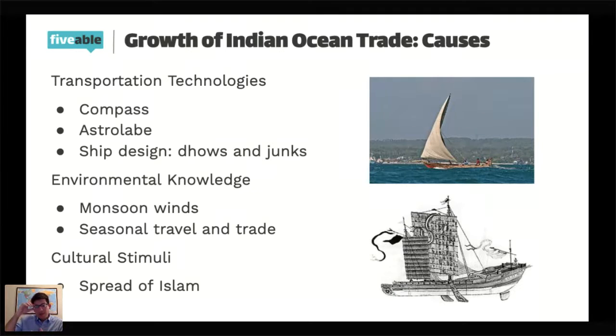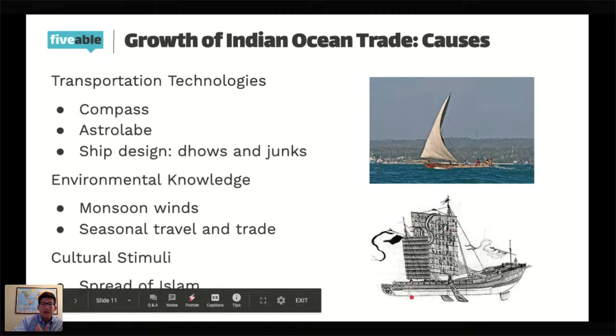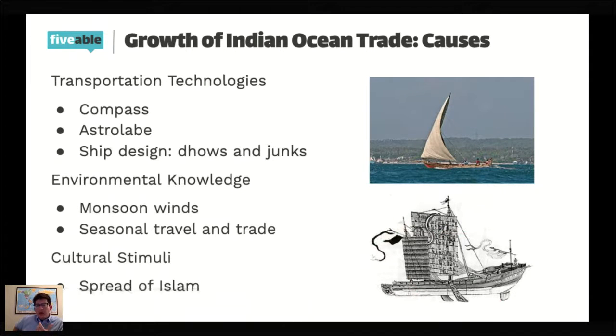Another example of a ship that was popular in the Indian Ocean, you see here at the bottom, is the junk ship. The junk ship is one that would allow many more goods to be carried. And so what we start to see is, as trade picks up in the Indian Ocean, there is a response in building larger ships that can carry more goods and meet the demand of the trade that is generated.